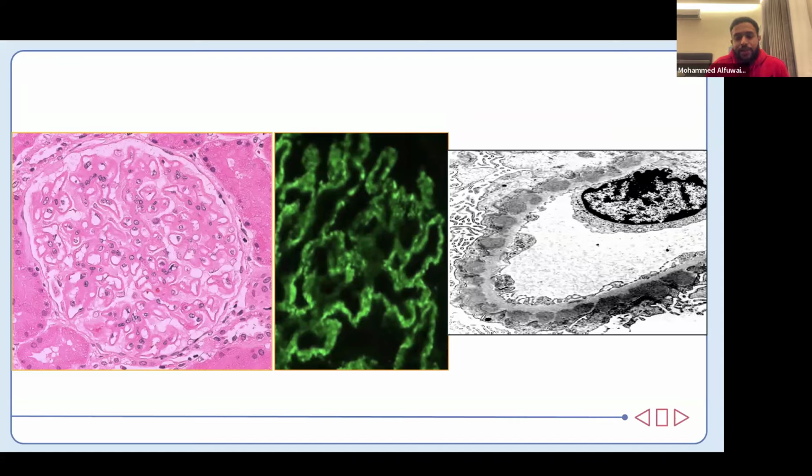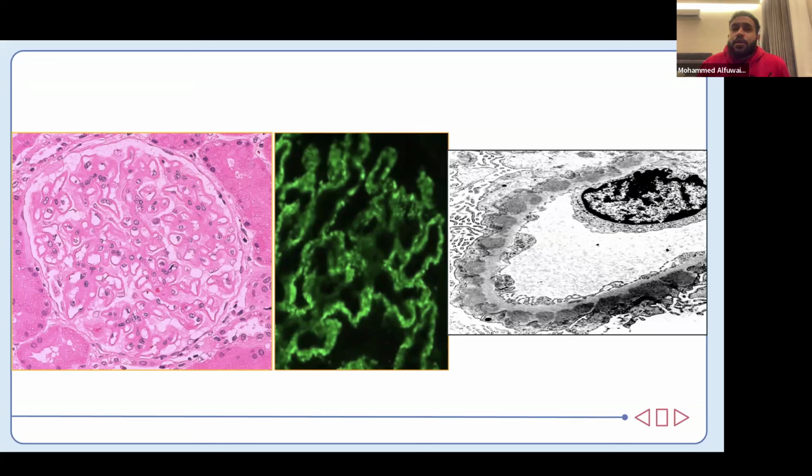Okay. This is membranous nephropathy. Now, membranous nephropathy usually is in a middle-aged patient presenting to you with nephrotic syndrome. They'll have hyperlipidemia, they'll have edema, facial edema, and they'll have proteinuria obviously in the urine, and they will be in a hypercoagulable state.